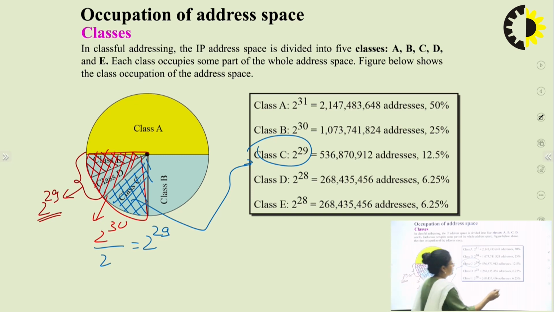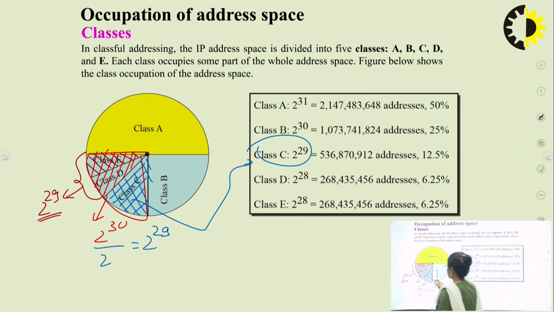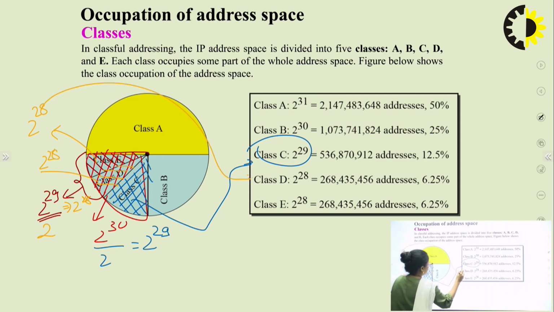So if I am dividing it into two, 2 to the power 29 divided by 2 is 2 to the power 28. So class D has 2 to the power 28 values and class E has 2 to the power 28 values.